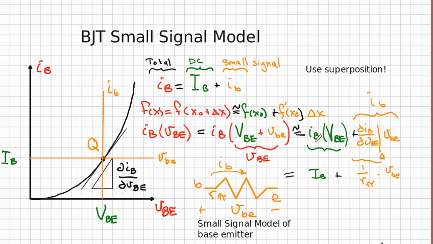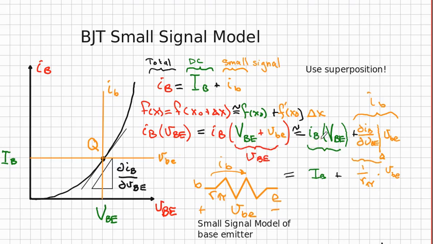And that can be rewritten using the first two terms of the Taylor series as approximately the total i_B evaluated at big V_BE, which is this black line evaluated at this point right here, big V_BE, and that gives us big I_B.